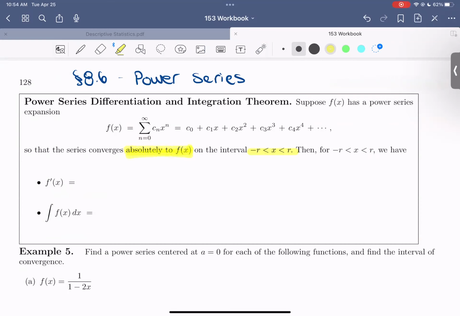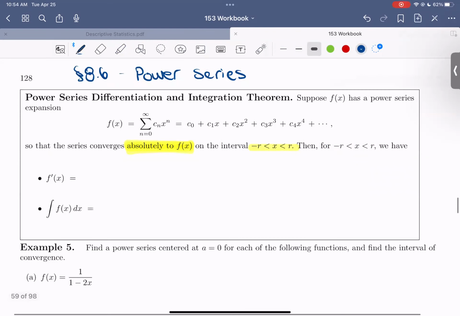That means if you take the absolute value of each term and add those up, you get convergence. Then on that interval, the derivative of our function is equal to taking the derivative of each term of our power series, and the integral of that function is equivalent to taking the integral of each term of our series, and then, of course, adding up.